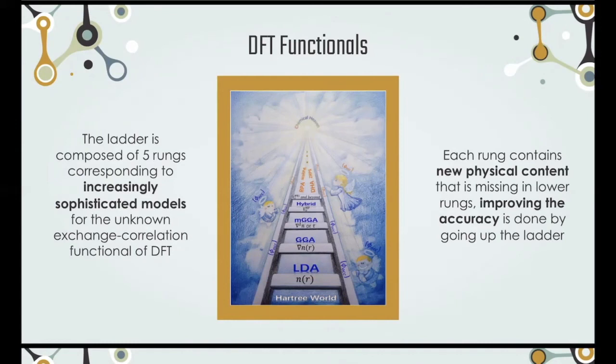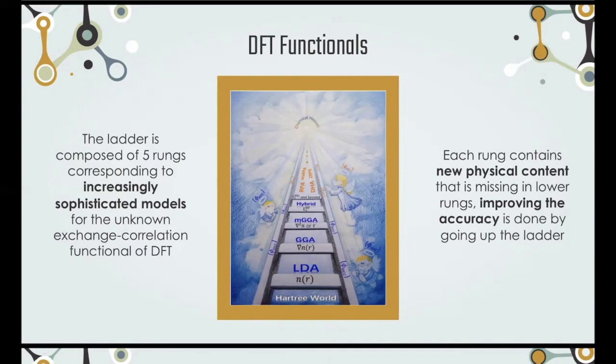However, there are things that the GGA does not take into account. One of the additions that can be done to get more accurate results is the addition of the kinetic energy density. There's also a thing called the Laplacian of the density. However, the kinetic energy density is most commonly used, and this can be useful to detect electron delocalization in molecules, which is very important, right?